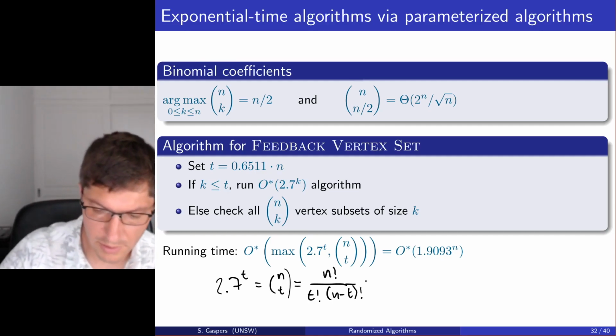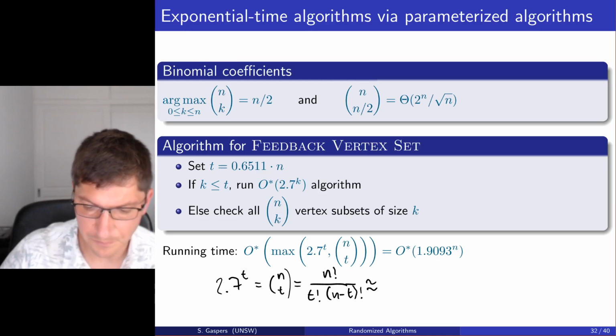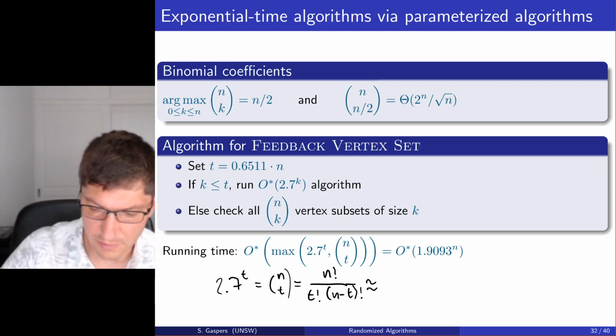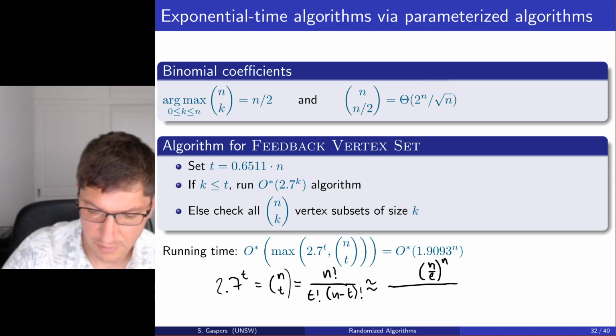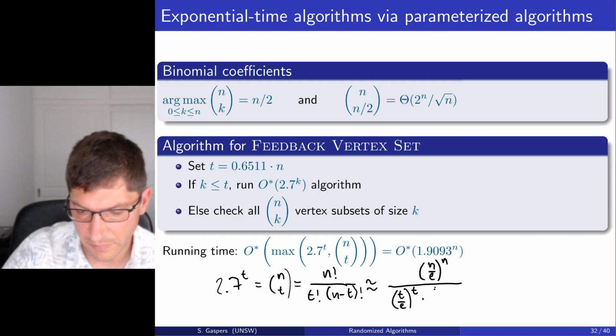And we don't care about polynomial factors here. So this is more or less n divided by e to the power n, divided by t divided by e to the power t times n minus t divided by e to the power n minus t.